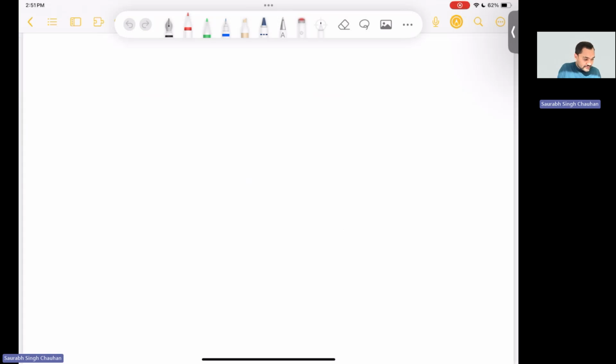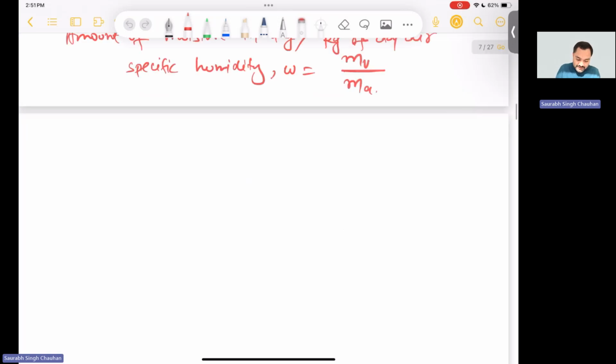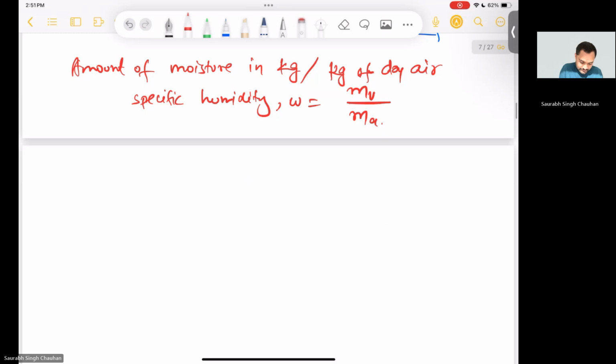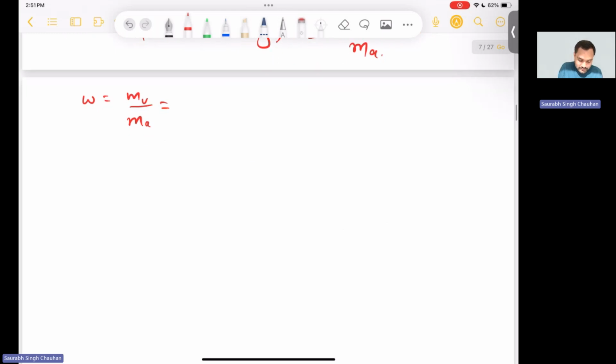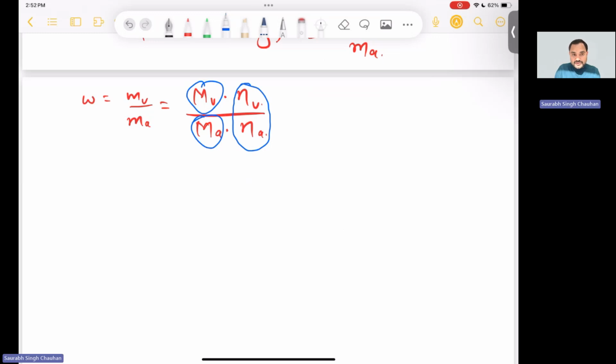You can directly use the formula, or what you can use is mv divided by ma. So the molar mass of water vapor multiplied by the number of moles of water vapor, divided by the molar mass of air times the number of moles of air. And the ratio of the number of moles is equal to the ratio of partial pressures, right?